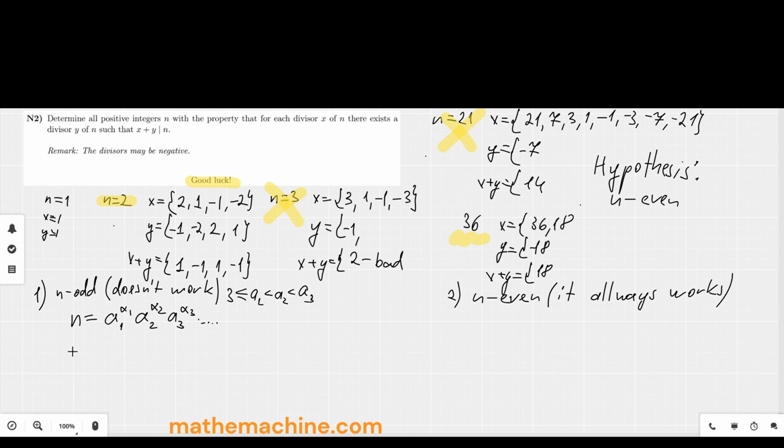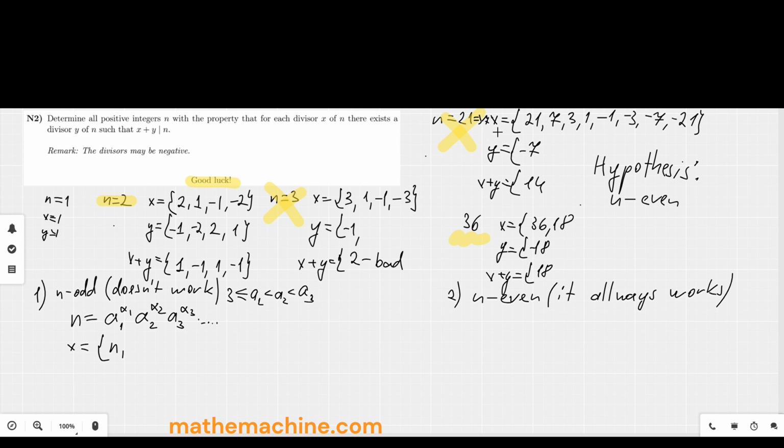Then when we try to write all the divisors, we start with n. It's the largest divisor. And the second largest divisor is, like it was with 21, n divided by 3, because 21 was 3 times 7.